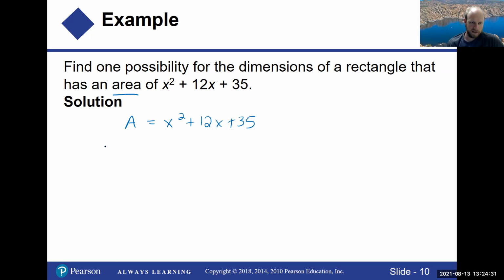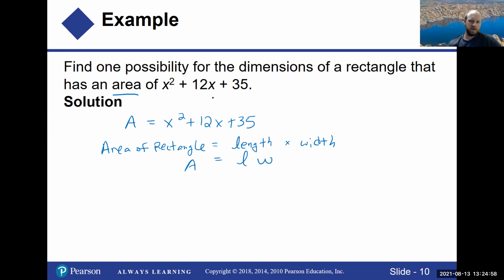If you recall from geometry, the area of a rectangle is equal to the length times the width, or A equals L times W, right? So basically, if this can be factored into two different things, then I have a possibility for the length and the width. And it can, because 35 can be factored into 5 times 7, which both add to 12.